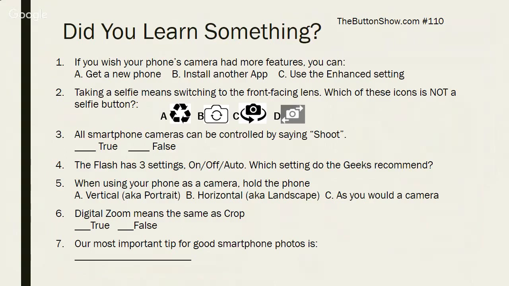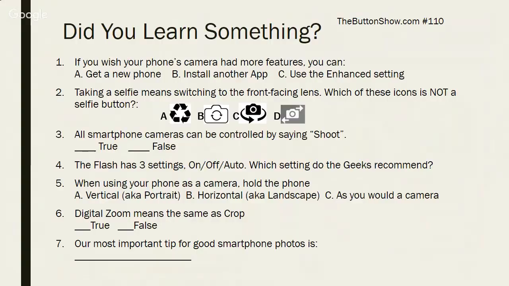When using your phone as a camera, hold the phone vertically, portrait mode, horizontally, landscape mode, or C as you would a camera. As you would a camera, but realize that that means normally horizontal. I see people taking pictures with their phone vertically all the time. And sometimes that's okay.